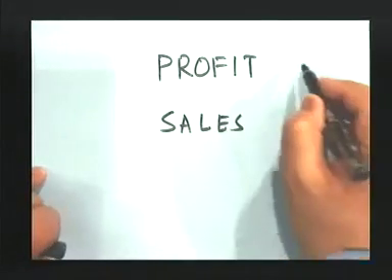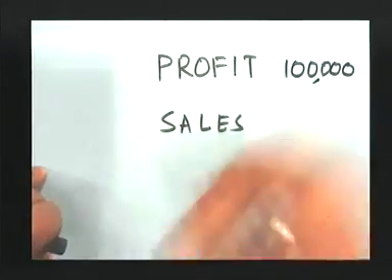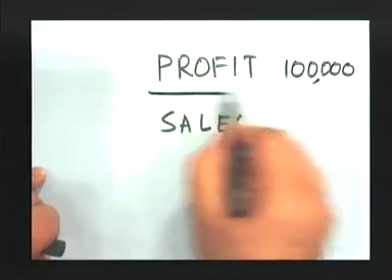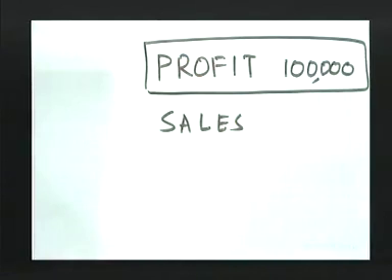Now, suppose I tell you that my profit for this year is 100,000. If I talk of this statement alone, will it make any sense? 100,000 for a sales of what? What was the profit in the previous year? By what percentage has the profit grown?